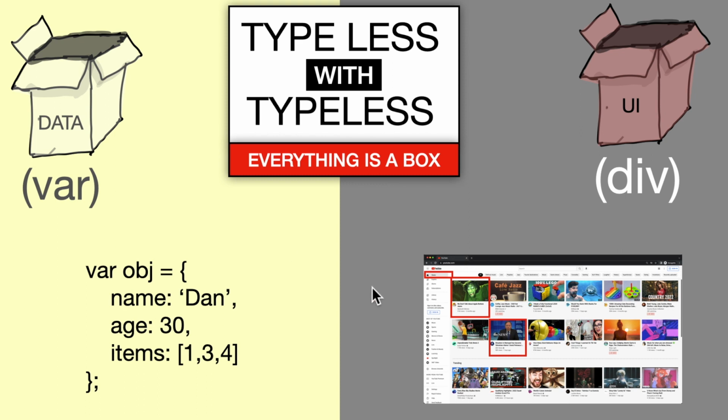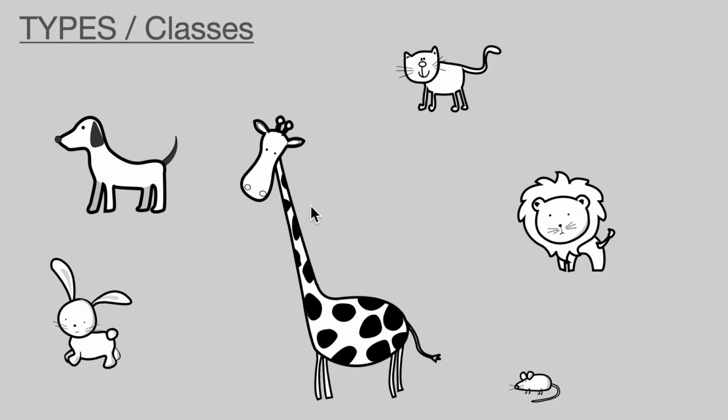But this is what I'm really drawn to: in UI, we just have squares, containers, and in data, we just have a var, which is also a container. So again, we have a data container and a UI container, and they're both typeless.